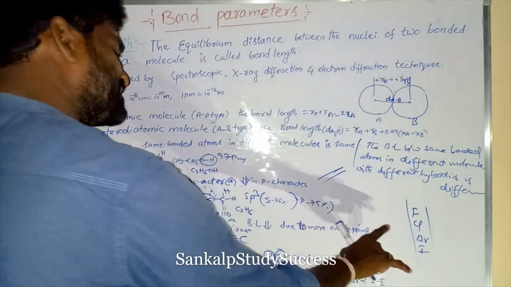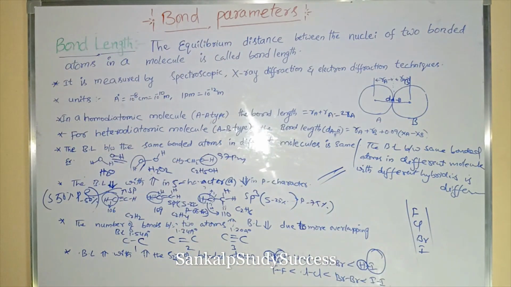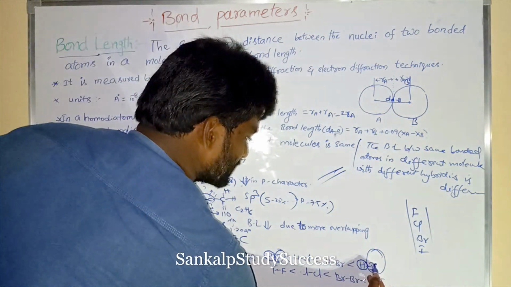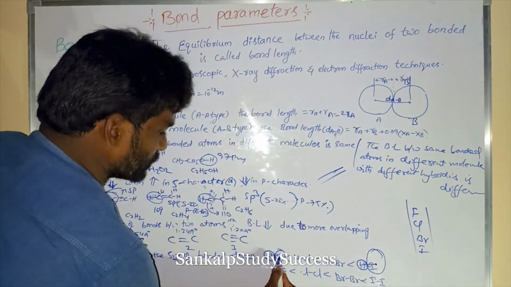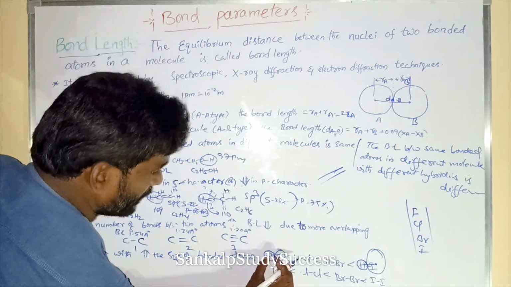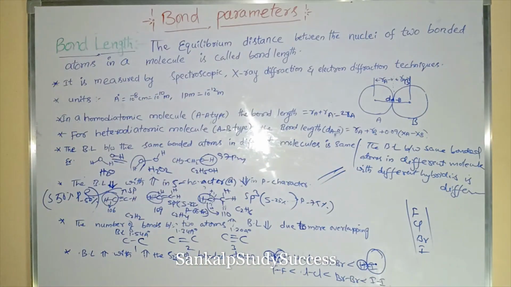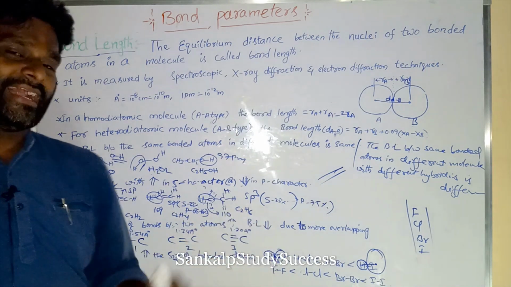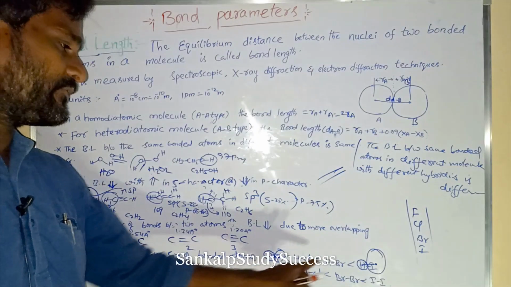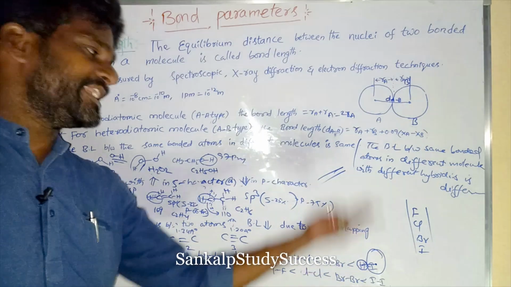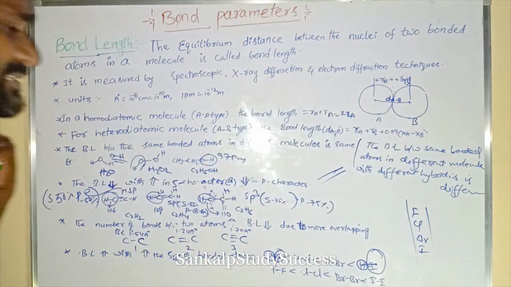If the atomic size of the bonded atom increases, its bond length also increases. This is the smallest bond length, and this is the largest bond length, right? So the bond length increases with increasing size of the bonded atoms. These are the bonded atoms, H to F, H to I. If the size of the bonded atom increases, then the bond length increases.